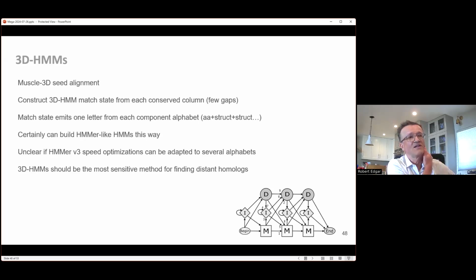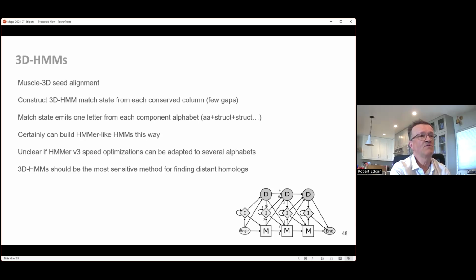The only thing that's unclear without actually doing it is whether there's some very clever speed optimizations in HMMER 3, which are using SIMD and whatnot. I think it's unlikely that you're going to be able to do all of that with the full mega alphabet. You might be able to do it with mu. So, you may be sort of going back to the old HMMER, which was much slower, but everything else certainly should be straightforward to implement.